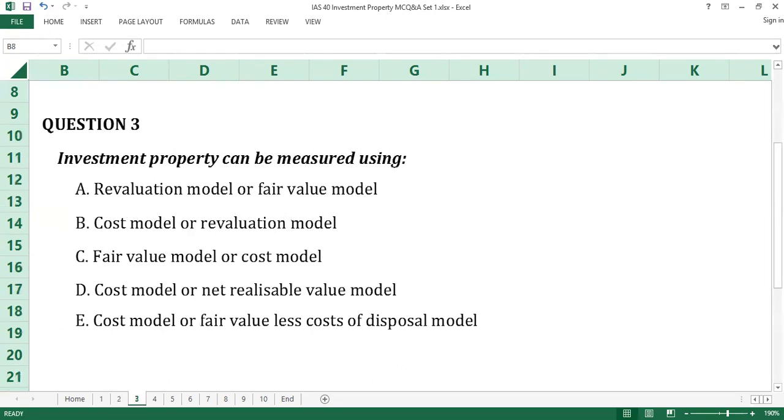Question number 3. Investment property can be measured using dash. A. Revaluation model or fair value model. B. Cost model or revaluation model. C. Fair value model or cost model. D. Cost model or net realizable value model. E. Cost model or fair value less cost of disposal model. Time counts.